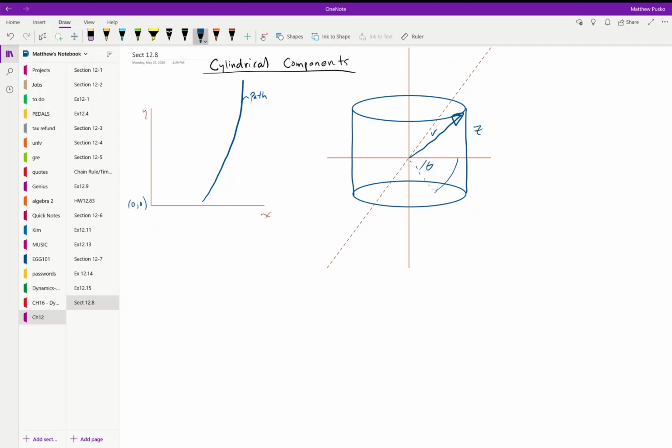Let's just look at the x and y plane for right now. We have a path that's curvilinear. We're still in the curvilinear section. And we can identify the position at any given time by some vector r. That vector r is also defined by some angle theta. So we're just looking in the xy plane.